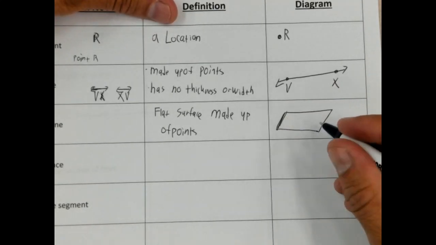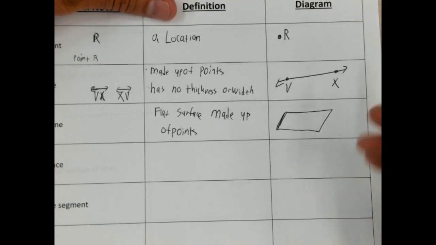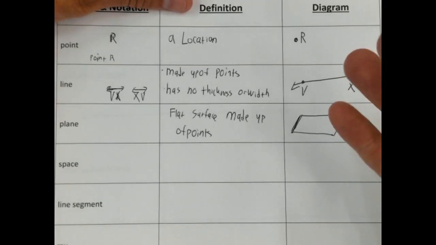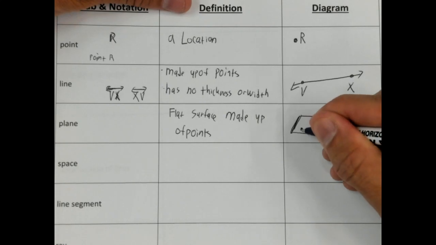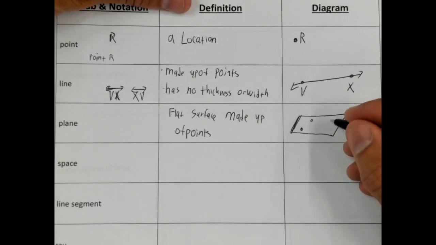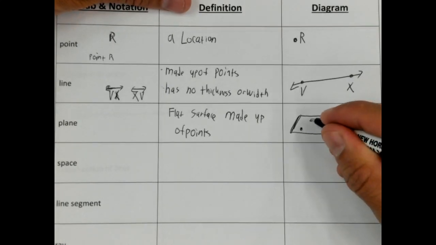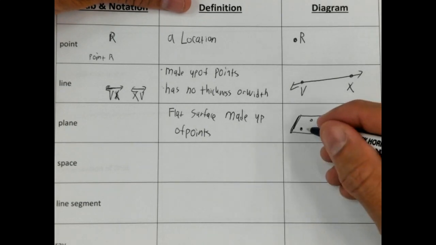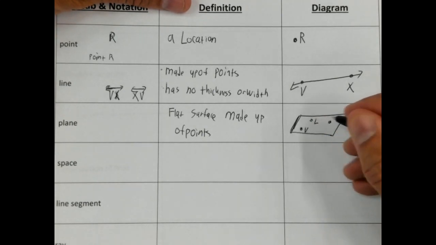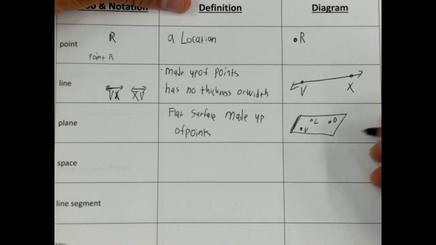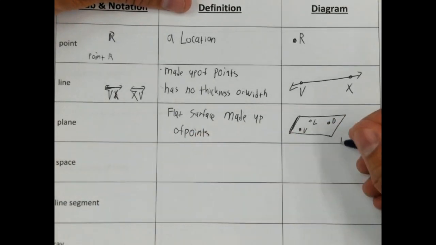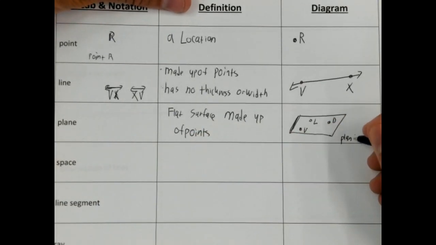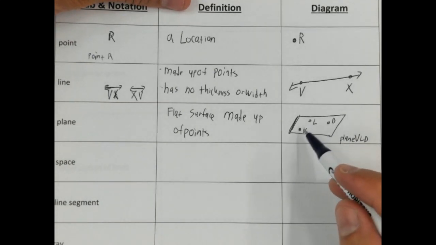Oh well. It's also defined by 3 points, and these 3 points cannot be collinear. Collinear means being on the same line, which we'll get to in a bit. So we'll pick 3 points. We'll say V, L, and D. So we could call this plane VLD. And the order doesn't matter. You'll notice that these 3 points would not be collinear.